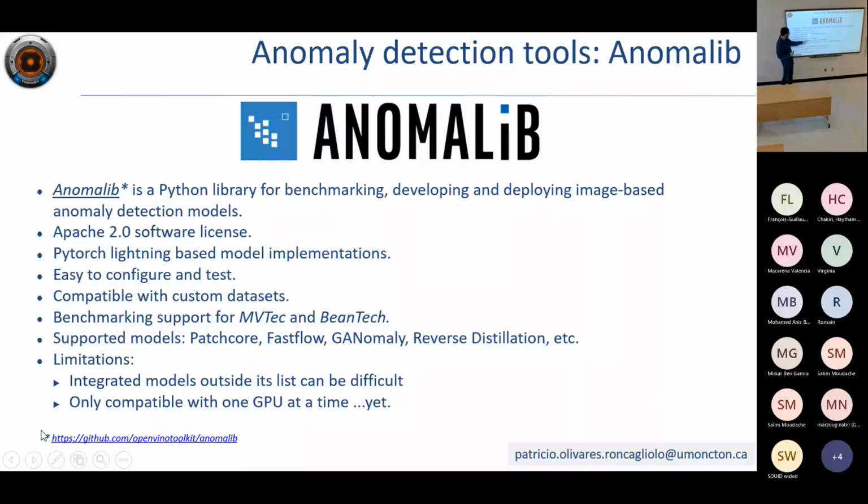It's compatible with most custom datasets, including the MVTec anomaly detection dataset, and supports a lot of different models, including PatchCore, which is one of the state-of-the-art models, as well as some other models that you can check on the Anomalib webpage, of course.